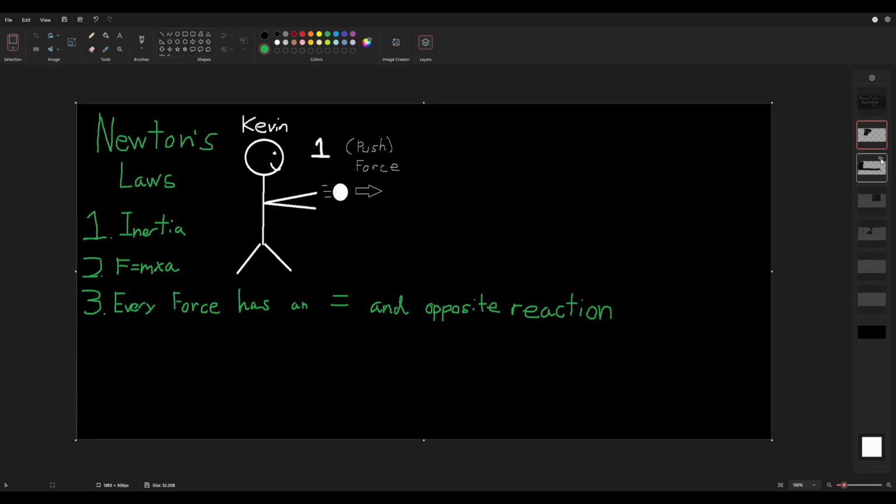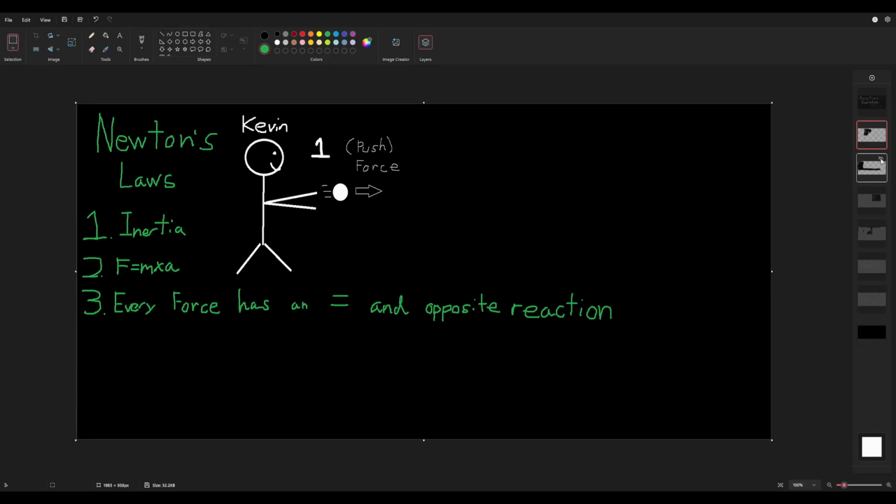The second law of motion explains how mass, acceleration, and force are related. We use the following equation, F equals m times a, or force equals mass times acceleration, to represent this. We use the equation to understand how acceleration is typically affected by these variables.